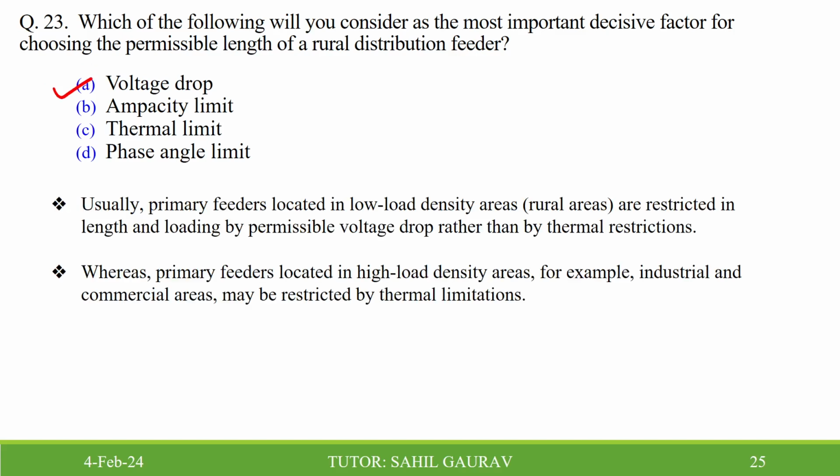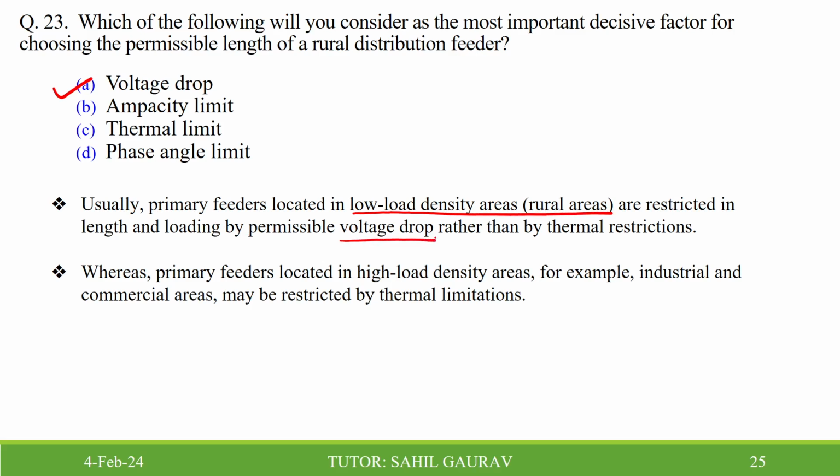If you have gone through the slide, then you know these two important points. The first point is that usually primary feeders located in low density areas, meaning rural areas, are restricted in length and loading by permissible voltage drop rather than thermal restriction.